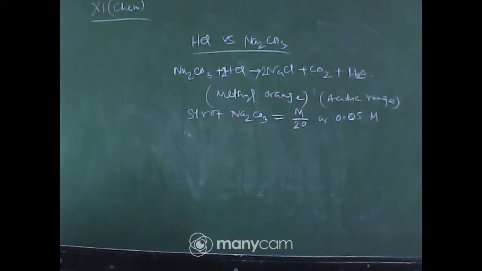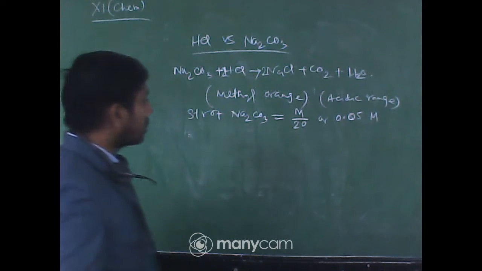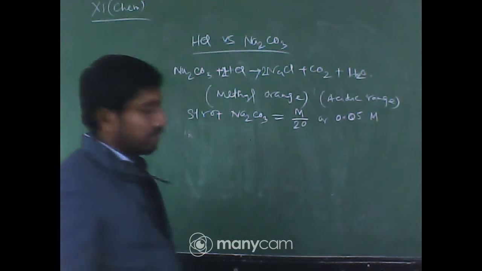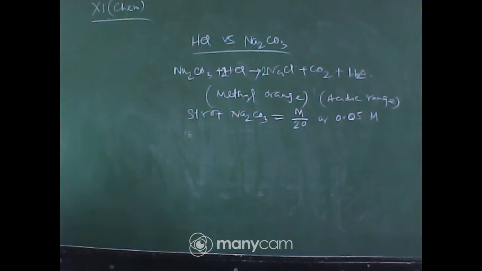Now when you titrate it, first of all you have to take the hydrochloric acid in the burette and you have to pipette out sodium carbonate into the conical flask. Just add 2 to 3 drops of indicator to the conical flask and then cautiously titrate it. Okay, now I will move to the calculation part.